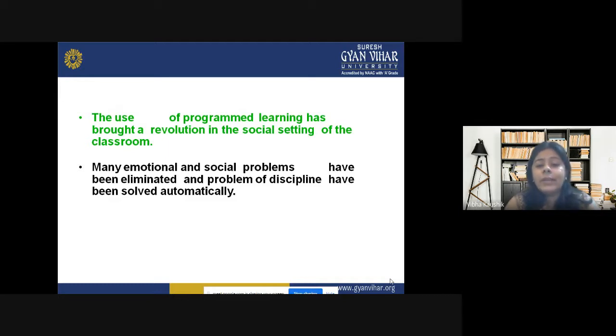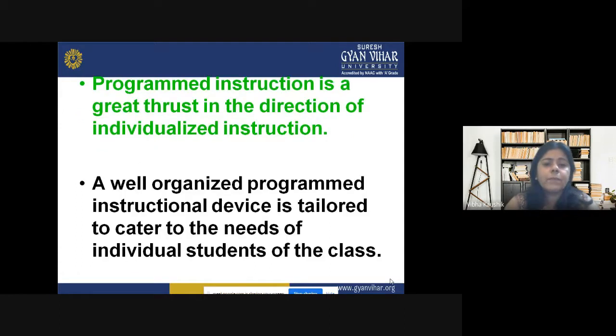It has eliminated many emotional and social problems which the students face, and it is also able to solve the problems of discipline which the teachers face during their traditional classroom teaching. These have been solved automatically by the programmed instruction technique.